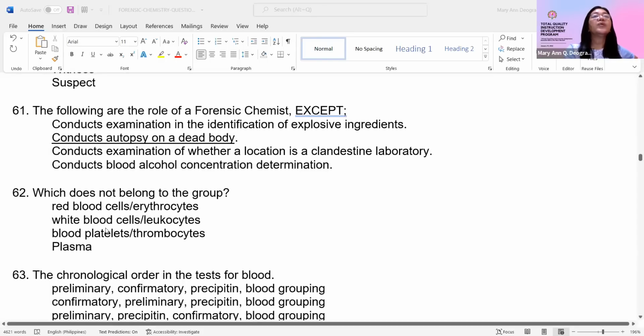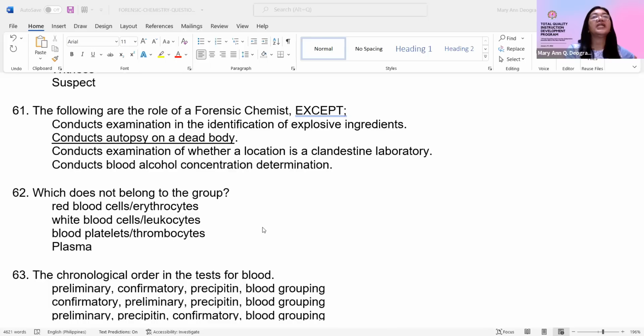Okay, next. Which does not belong to the group? Alin dyan na hindi kasama dyan? At bakit hindi siya kasama? Answer? May sumagot. Okay, letter D. Bakit letter D ang sagot dyan?